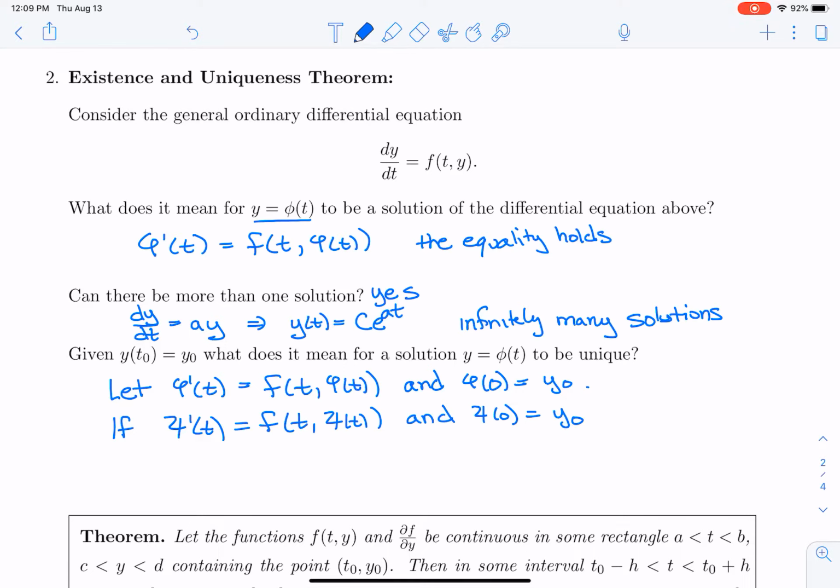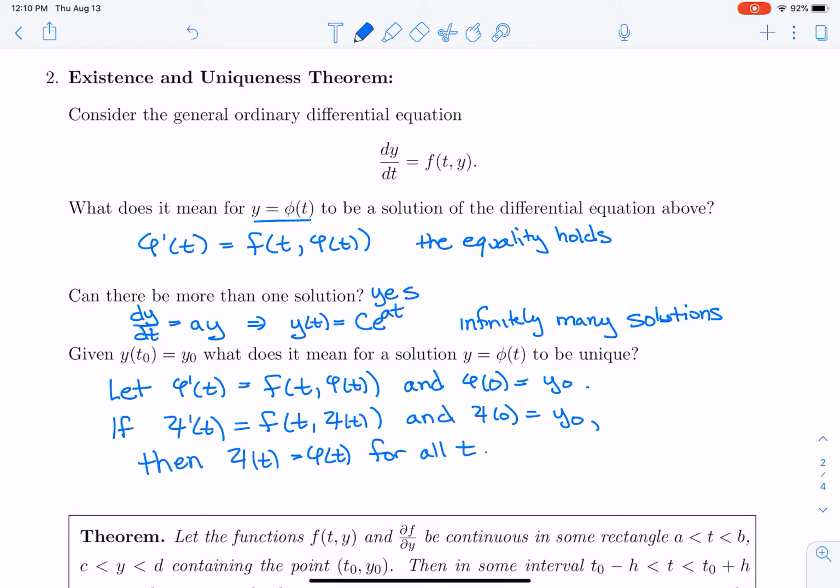So if I find another solution out there that satisfies both the differential equation and the initial condition, if the solution is unique, then it must be that psi of t and phi of t are equal for all time. So for a solution to be unique, what we're saying is that if we find two different solutions to the initial value problem, then those two solutions must be equal.